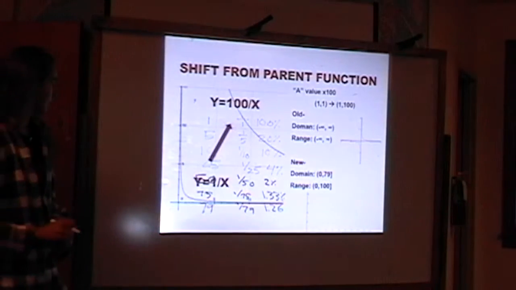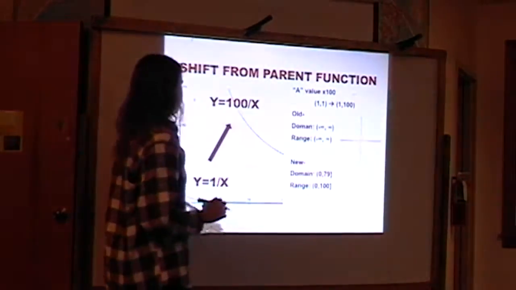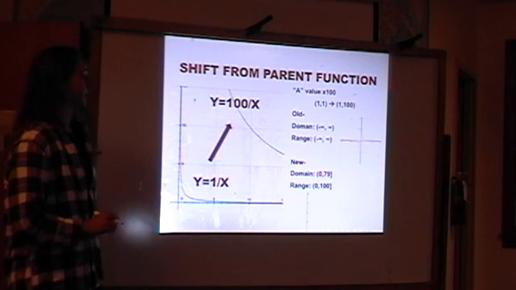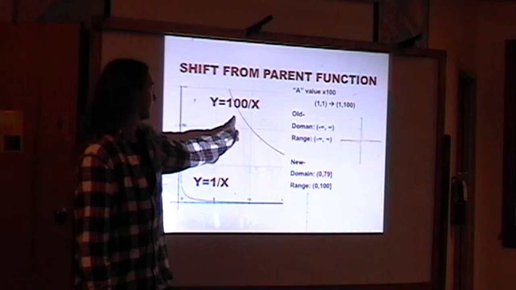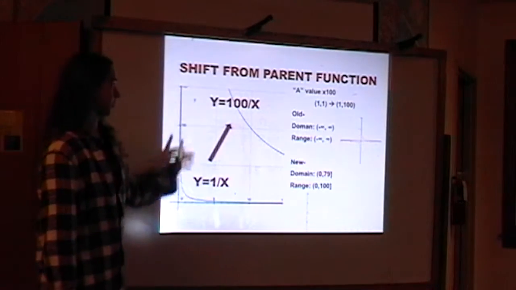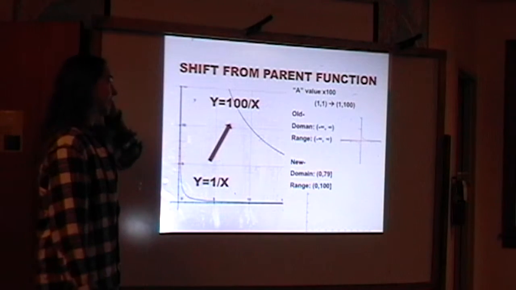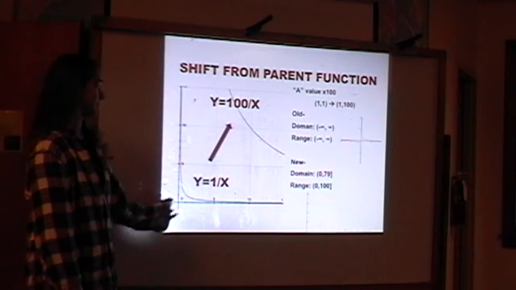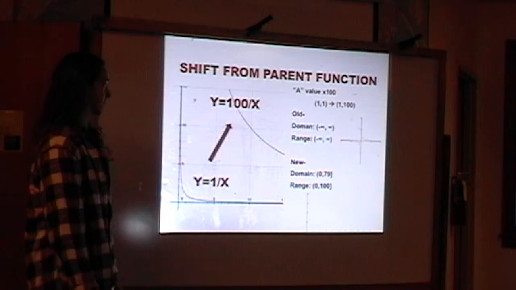So this is what the equations end up looking like. This is the parent function, y equals a over x, when a equals 1. But to model my function for the 100%, I moved the graph with the shift from the standard 1 to 1/100. So at the end of your first year of life, that was 100% of all the years you've experienced. And we don't live forever, so my new domain and range will be 0 to your 79th year, when I'm going to say that you're going to die, and 0 to 100% of your life.